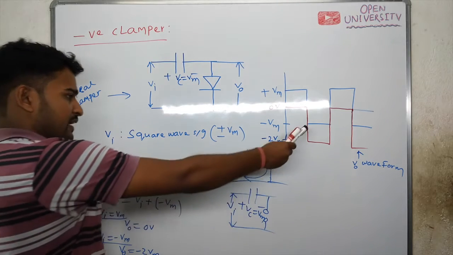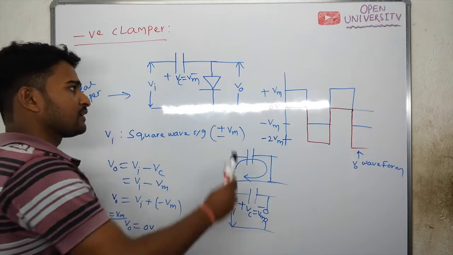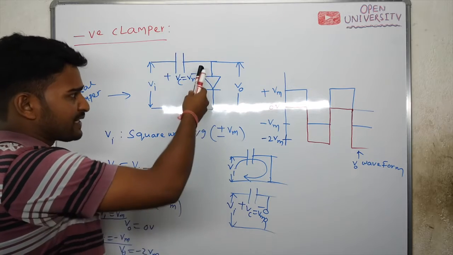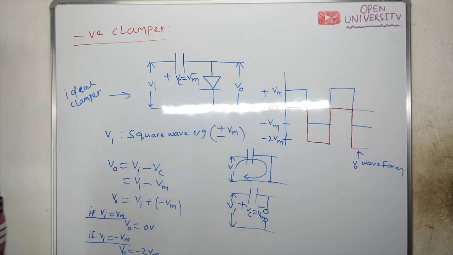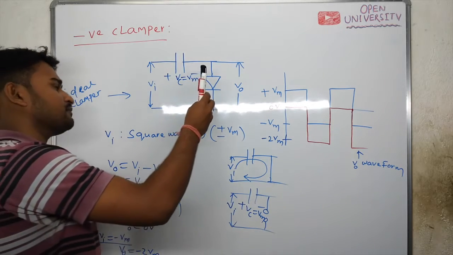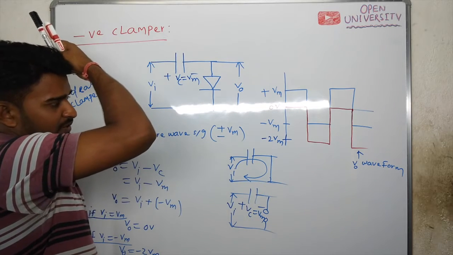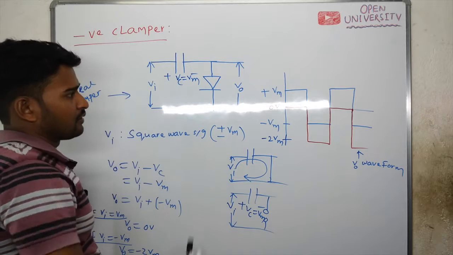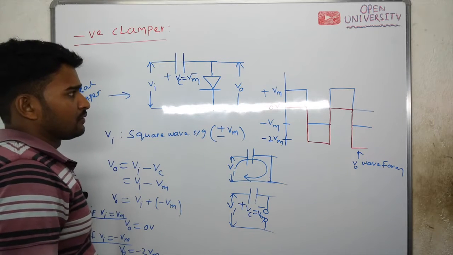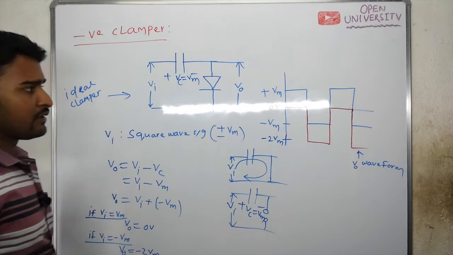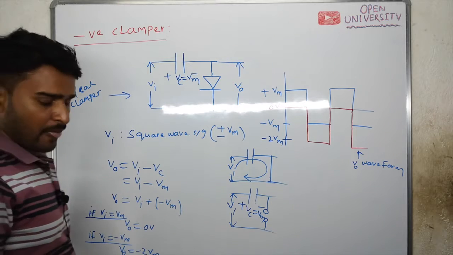Next point: during the negative half cycle, or when Vi becomes negative, the diode becomes reverse biased and it will become open circuited.